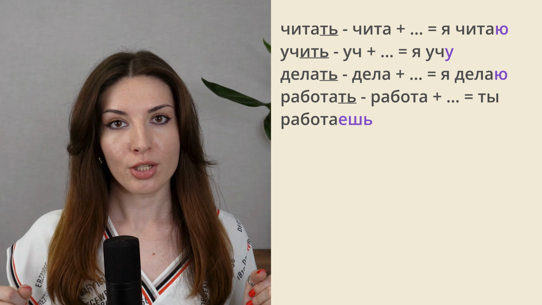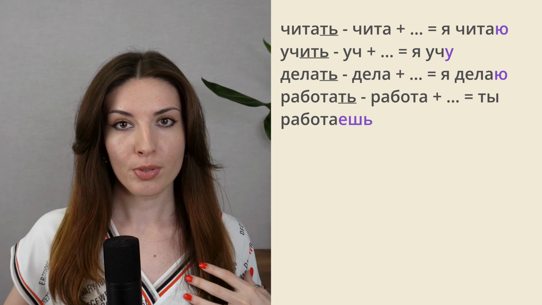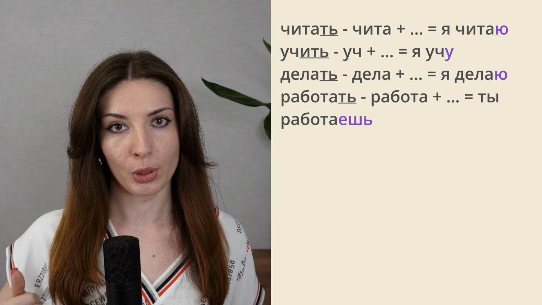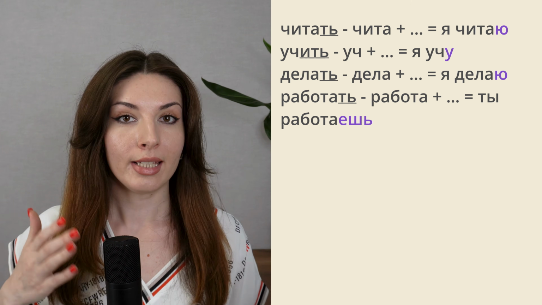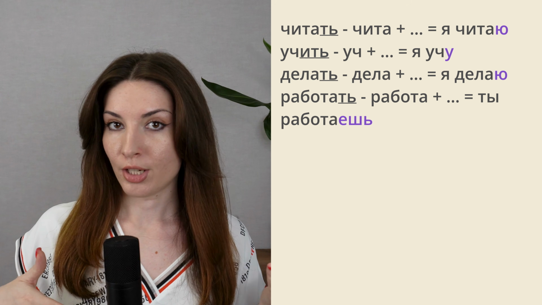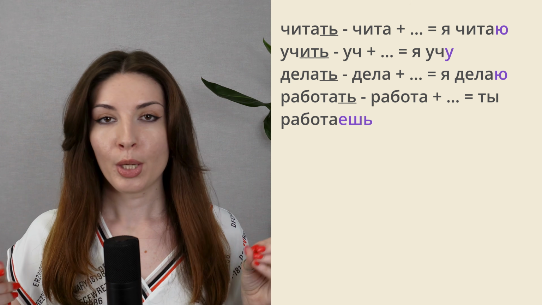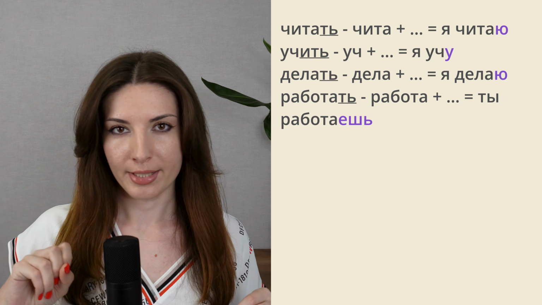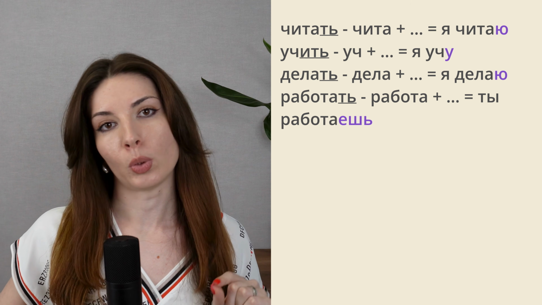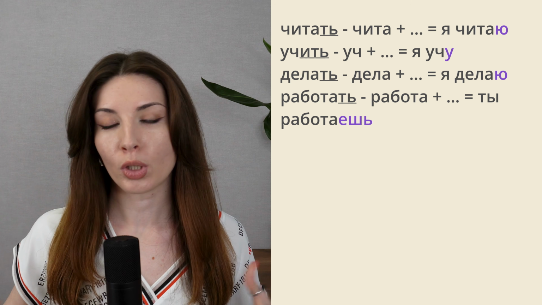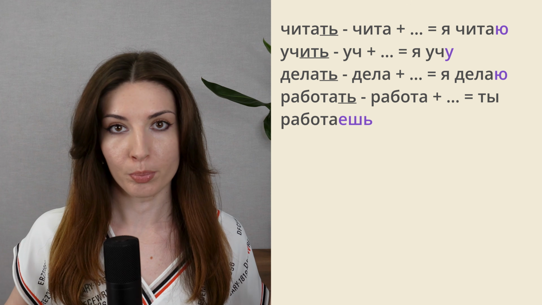So, as you can imagine, to conjugate other verbs, that's what we have to learn. All these highlighted endings. We take the infinitive of a verb, читать, учить, we remove two last letters, ть, and we add all the following endings. The same will work for every other verb.